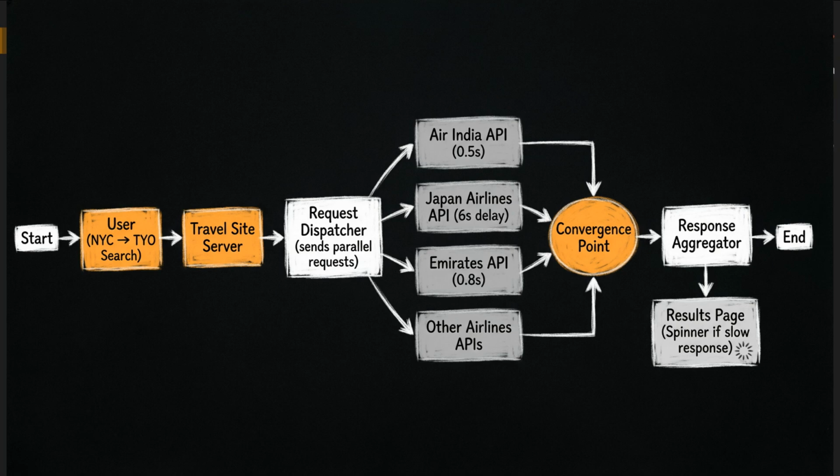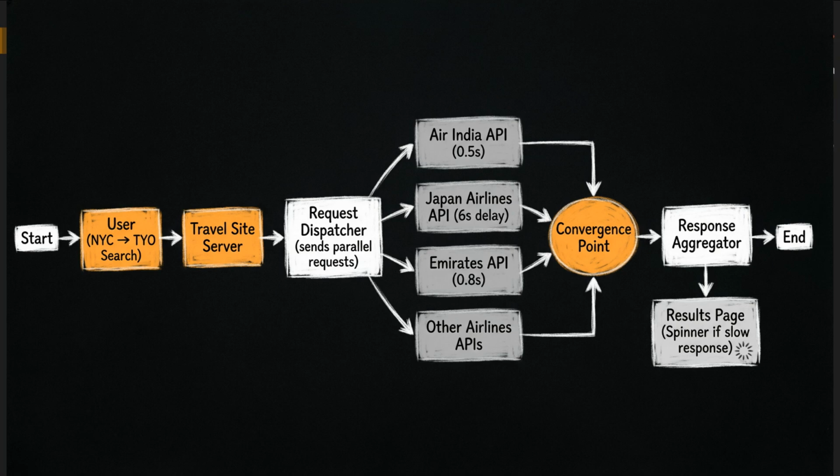All others came back quickly, but your code is still sitting there waiting for Japan Airlines because you wrote a loop that says get code from airline 1, then airline 2, then airline 3. Or maybe you used a thread pool but forgot to set a timeout. The result? Your user stares at the spinner for 6 seconds. They think your site is slow, they blame you, they go to Expedia.